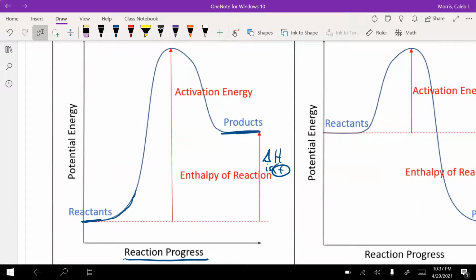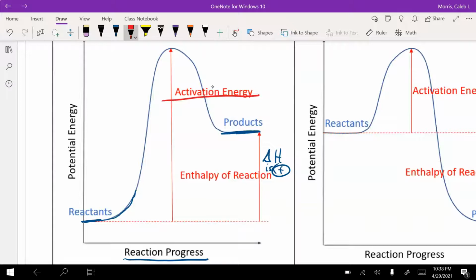Okay, now let's look at a few things here. This jump in energy at the very beginning, we have to get over the top of this hill in order for the reaction to take place. So that arrow that we have there, that red arrow, represents what we call the activation energy. The activation energy is the amount of energy required for the reaction to happen. Whether it's endothermic or exothermic, we have to have the activation energy. A certain amount has to be put in to make the reaction happen.